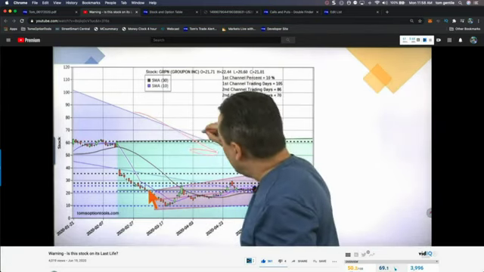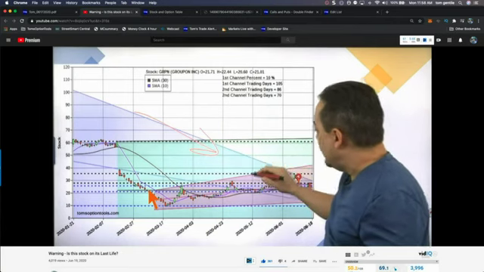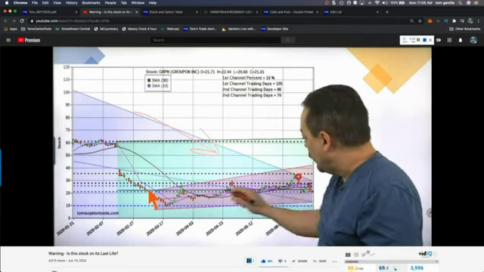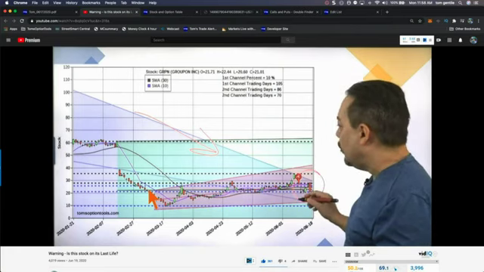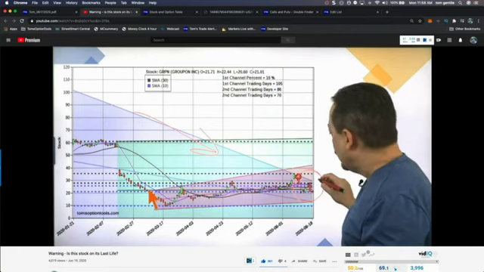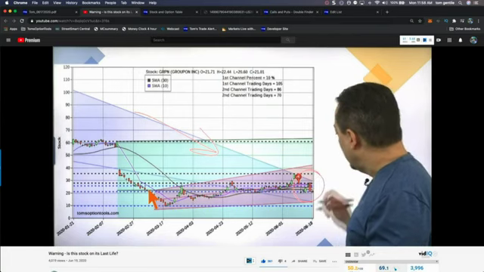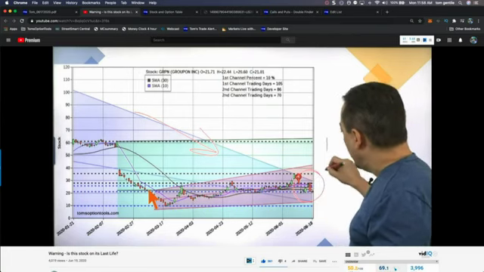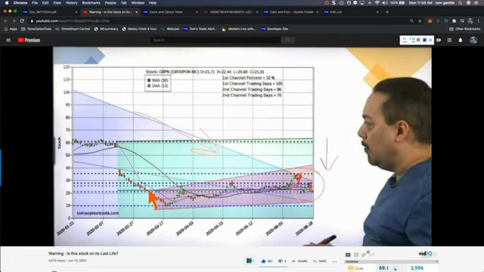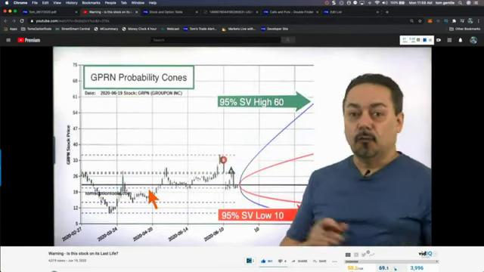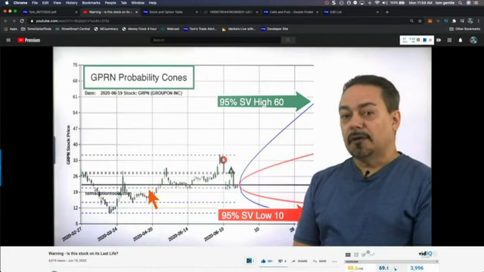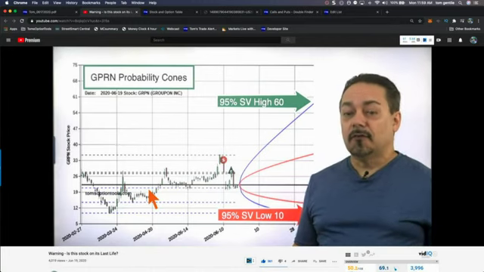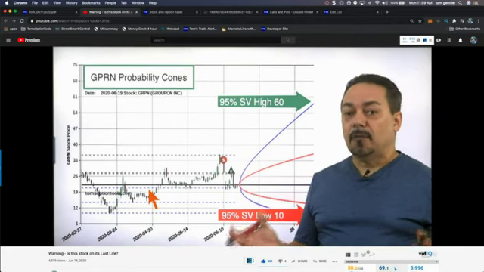So I do a detailed analysis on Groupon, and not just charts, guys. I go over the fundamentals of Groupon, something called a reverse stock split, which we saw happening in USO. Typically, reverse stock splits are not good for the stock, and so I set up a bearish scenario with Groupon, looking at not only fundamental analysis and news, but technical analysis, looking at channels and something I call probability cones.